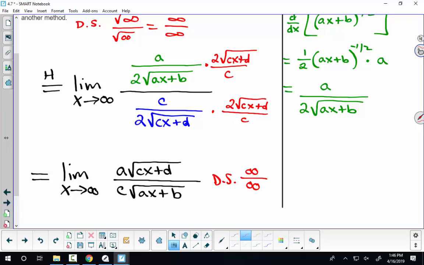I believe your homework has you compute another L'Hopital's rule, but I'm just going to stop here because what happens is you keep ending up with infinity over infinity. No matter how many times you apply L'Hopital's rule, you still get something that's indeterminate. So L'Hopital's rule doesn't help us determine the value of this limit.